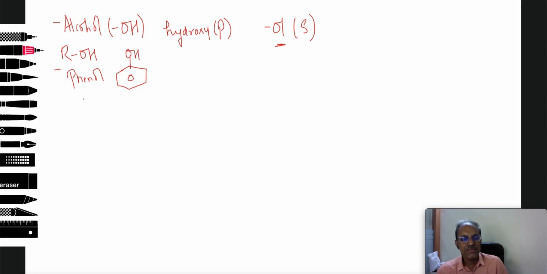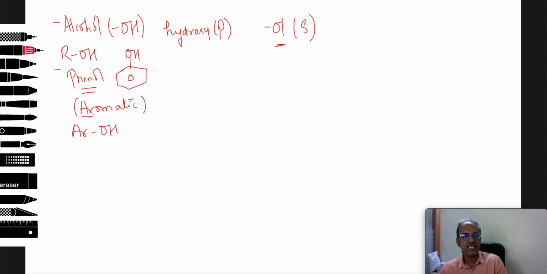As we have seen for alkyl groups we denoted by R, phenols are aromatic, because they give a nice aroma, nice smell. So aromatic, so AR. So I will say phenols are nothing but ArOH. More in detail about aromatic we will see in the further lectures.